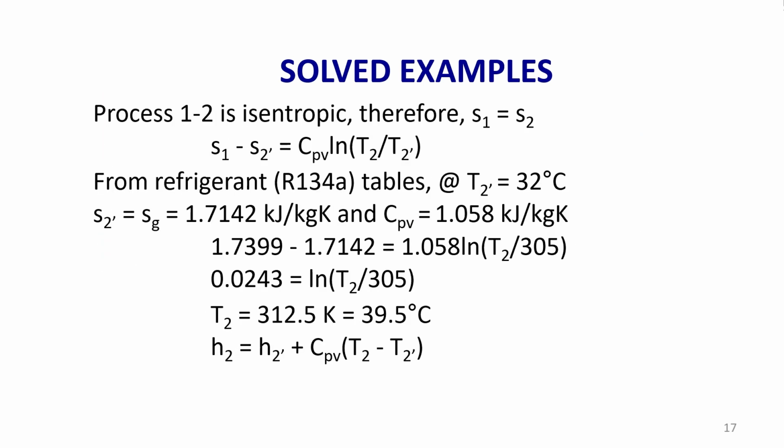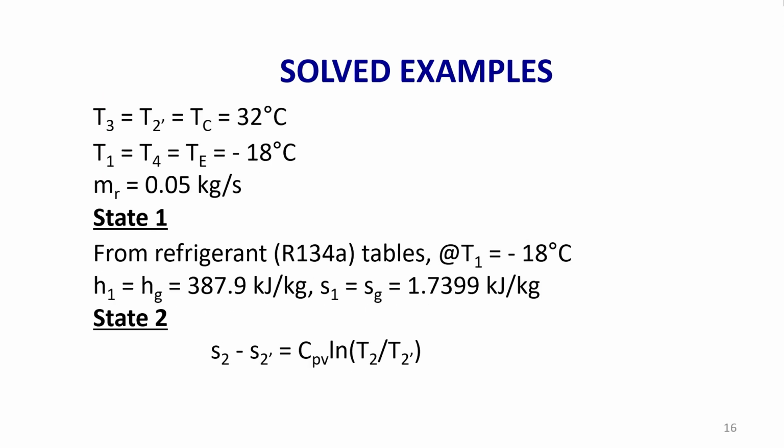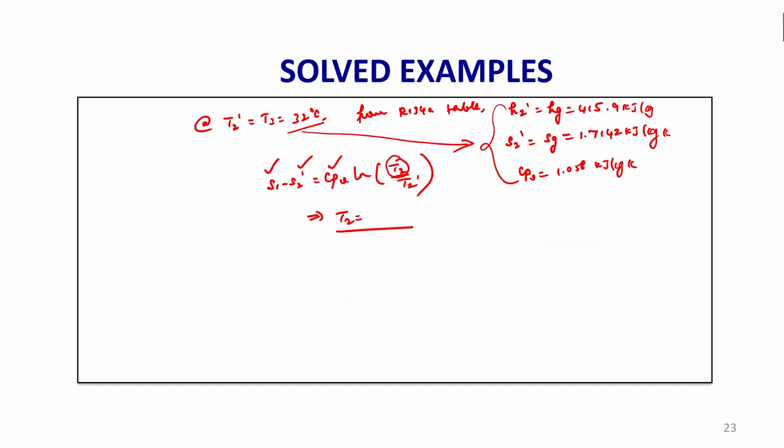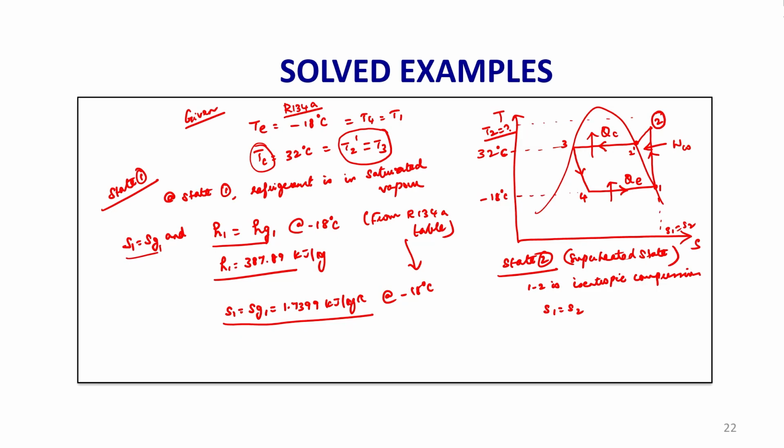If you see the calculation, the T2 temperature is 39.5 degree centigrade, close to 40. So T2 is above T2 dash: the temperature at 2 is 39.5 degree centigrade, which is more than 32.